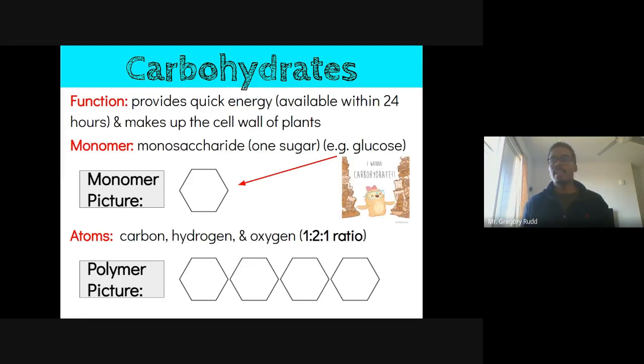And the way I like to think about it is a sugar rush. Carbohydrates are sugars. So if you've ever eaten a lot of candy at once, it's possible that you gave yourself a sugar rush. You were feeling pretty jittery. You may have been bouncing your leg up and down. You were talking faster.